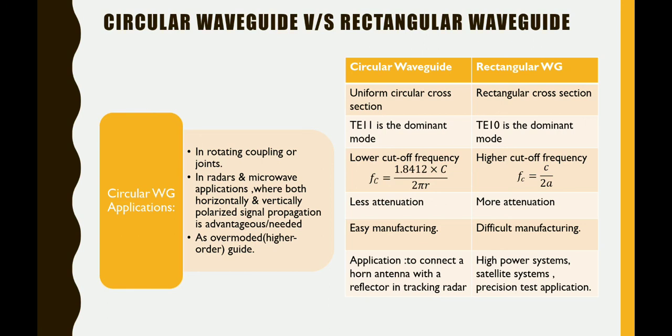In circular waveguide the attenuation is less, whereas in rectangular the signal is more attenuated, and it is easier to manufacture a circular waveguide compared with the rectangular waveguide. Applications: circular waveguides are used to connect a horn antenna with a reflector in the tracking radar, whereas rectangular waveguide is used in high power systems, satellite systems, precision test applications.